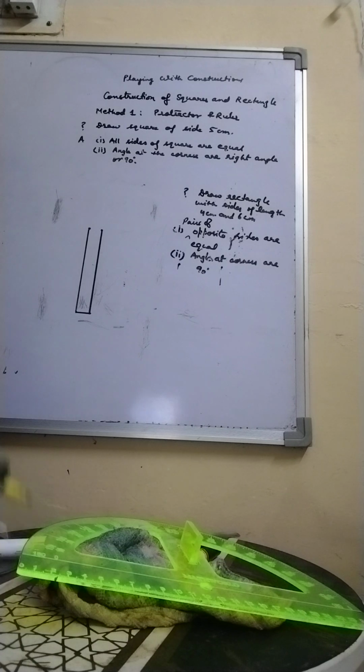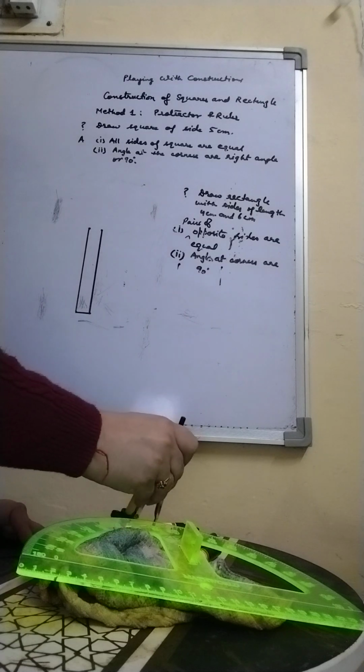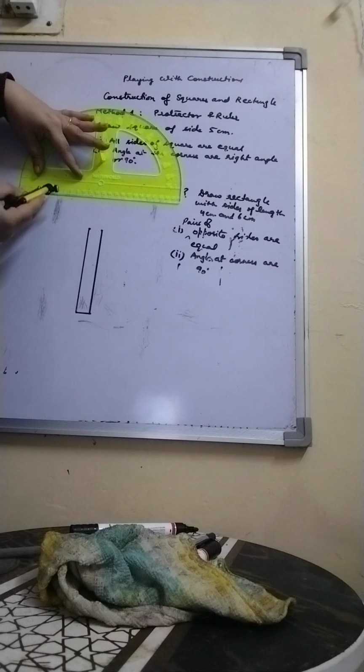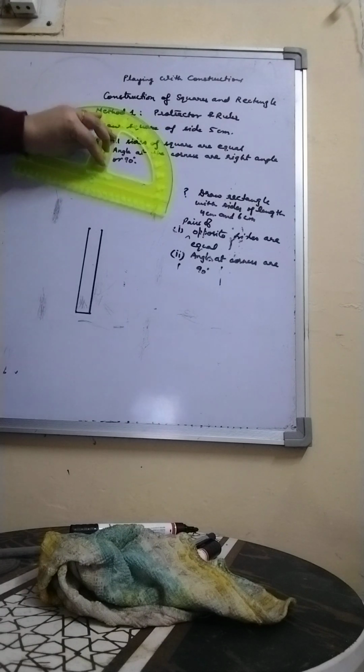Now open the compass till 10 centimeter. So have practice of opening and closing the compass, then only you would be able to draw it with the compass. So this is my 10 centimeter. This is my 10 centimeter.